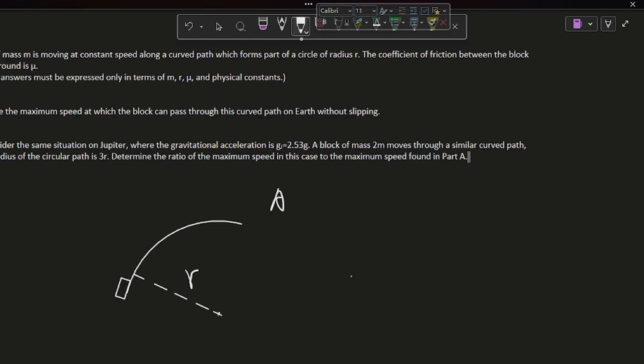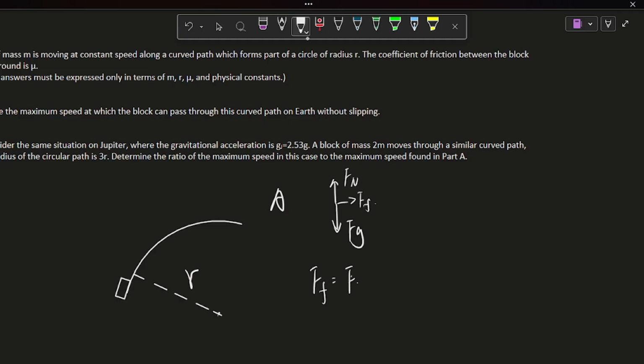Alright, so let's do a free body diagram again. So this is the centripetal force, right? What is the formula for the friction force, Ff? It is equal to Fn, the normal force, times mu, right?